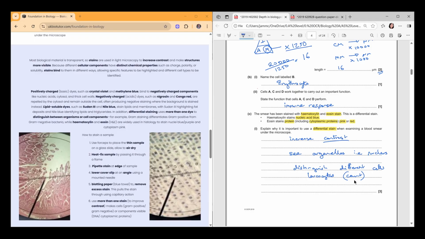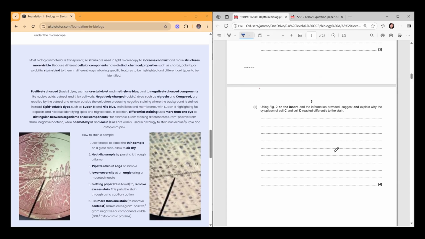They would do a blood smear and count the number of blood cells that are visible in the blood smear as a way of indicating if I have, for example, an infection. Because if my leukocyte count is greater than whatever the norm is, that indicates some form of infection. So that could be used as an identification of a patient having some form of problem. Okay, let's carry on because this question continues on.